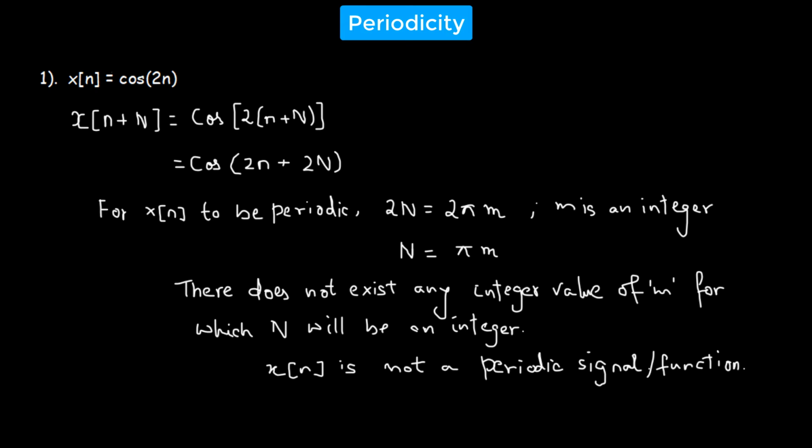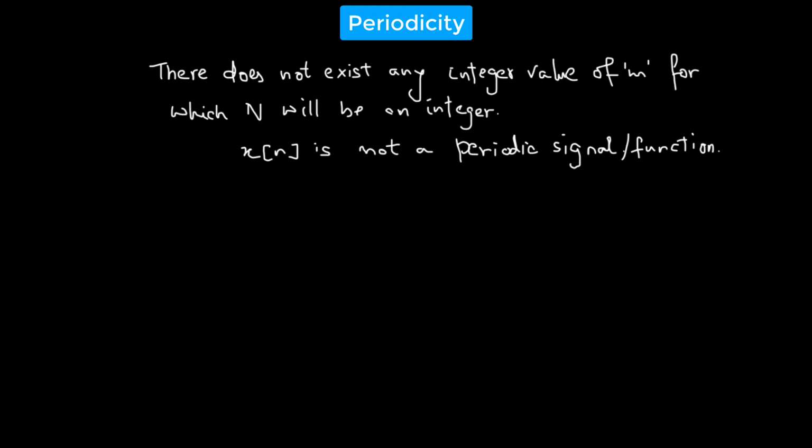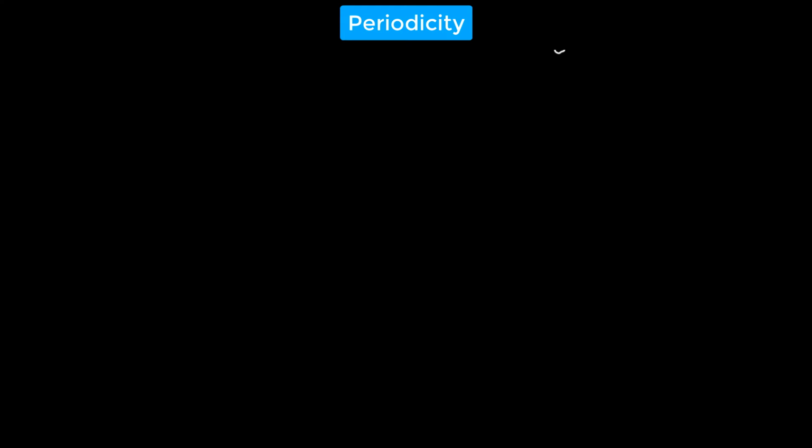So this is the way we do it. This is our method number 1. So let's do method number 2. In method number 2 we'll talk in terms of the angular frequency. So we have x of n equals cosine of 2n.